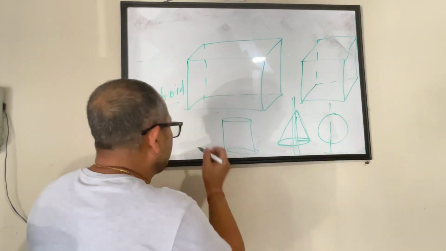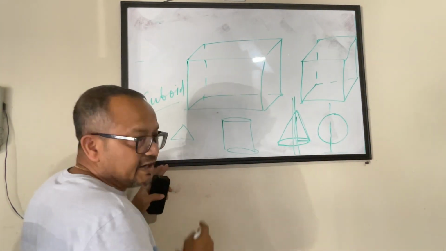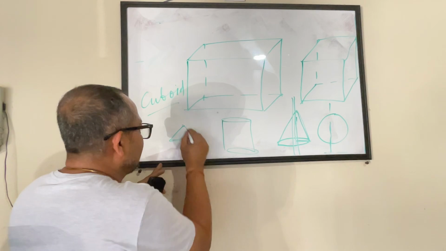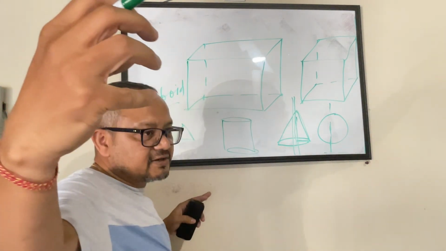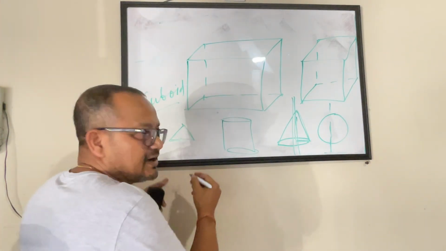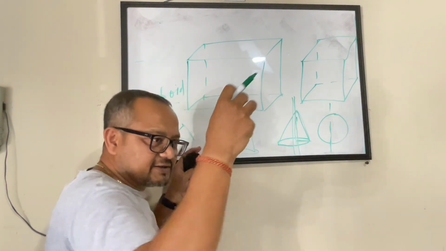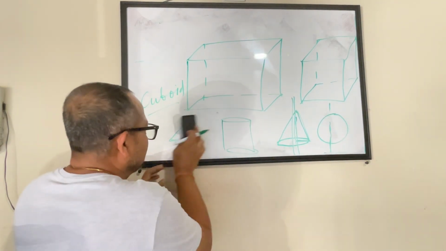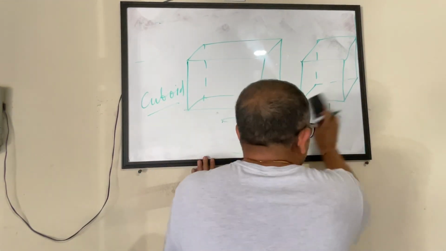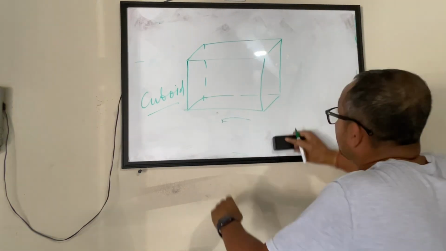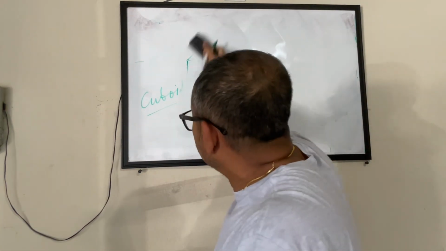Similarly, you can think of a prism made out of a triangle. This is my triangle. I protrude this, like the Mars chocolates, the triangular ones. So there are different shapes, but every 3-dimensional object originates from a basic 2-dimensional shape. When you add height to it, that is when it converts into a 3-dimensional shape.